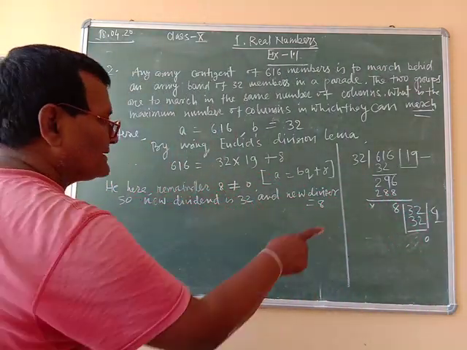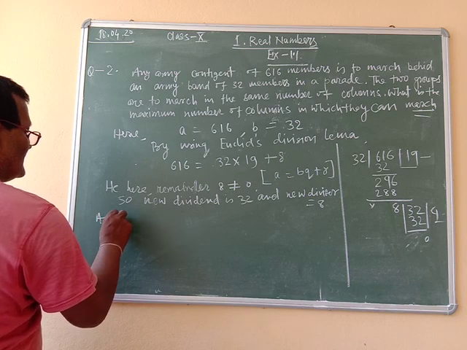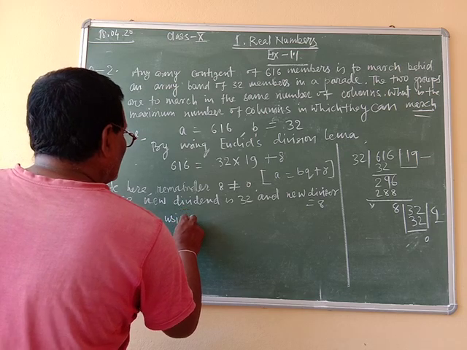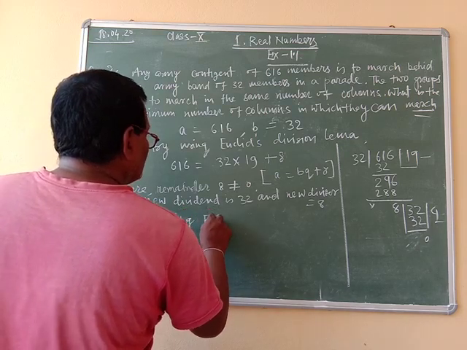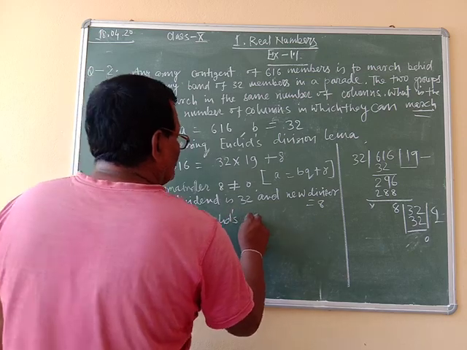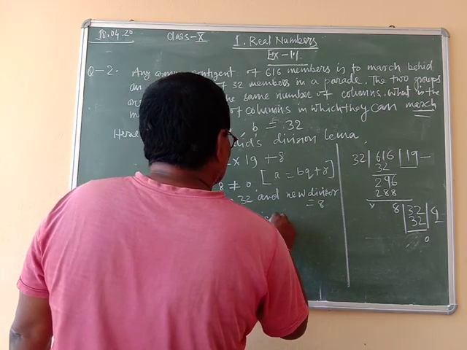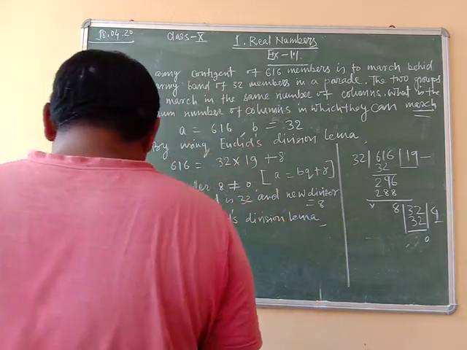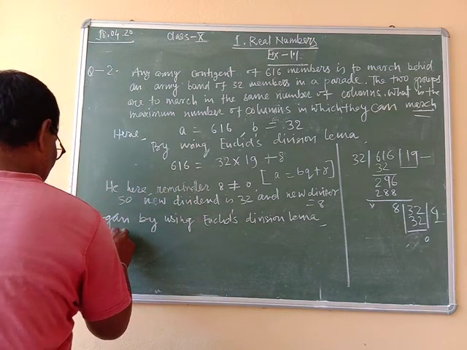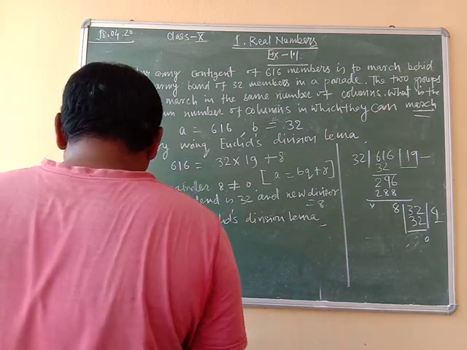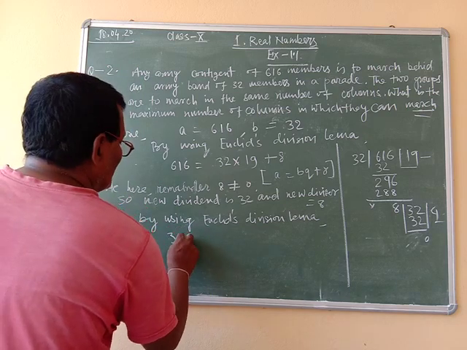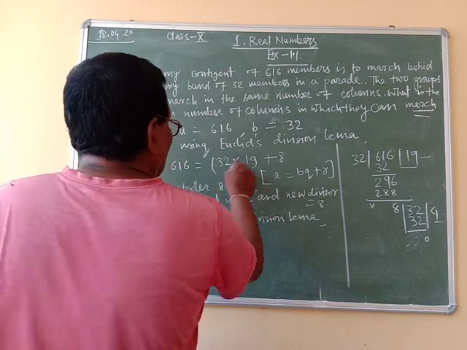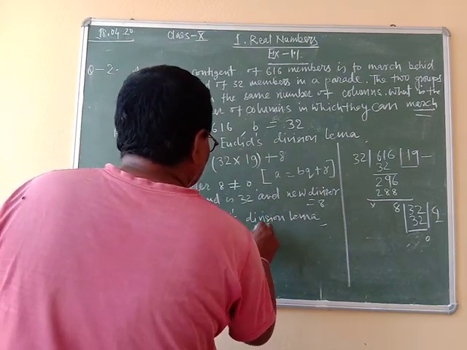Again by using Euclid's division lemma, we get 32 is equal to 8 into 4 plus 0.